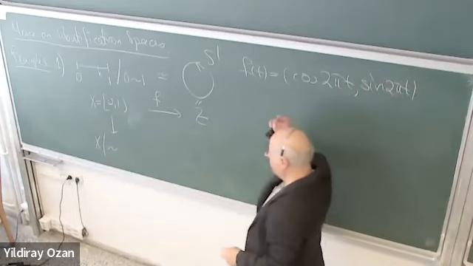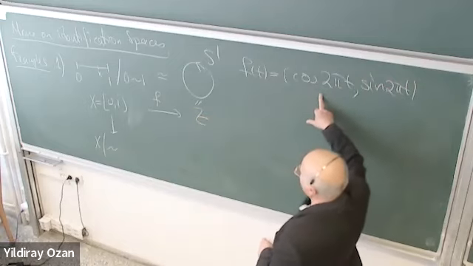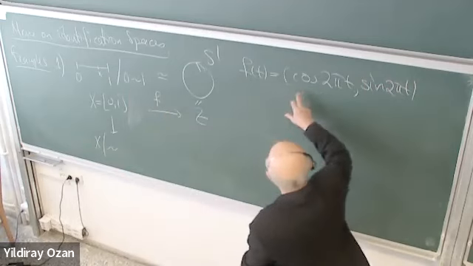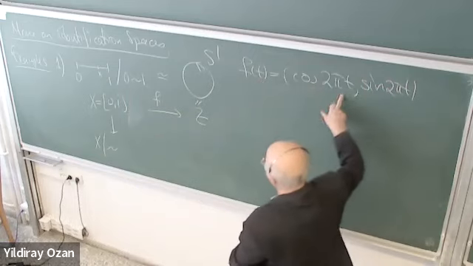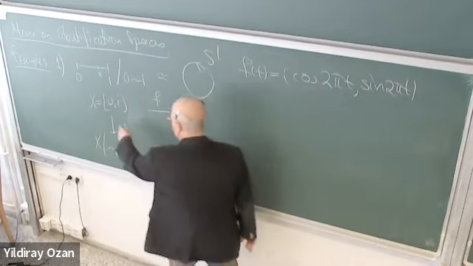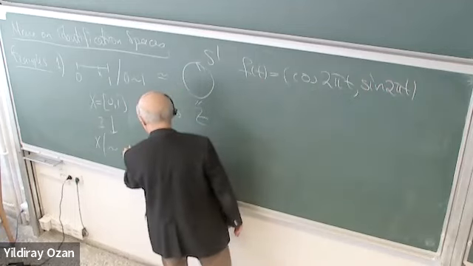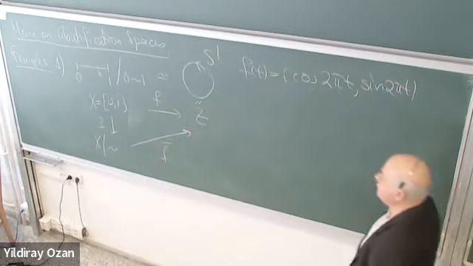Okay. This map is continuous and it respects this relation. Why is that? Because you see 0 and 1 are mapped to the same point. Therefore, this map descends to the quotient and gives us a map F bar.